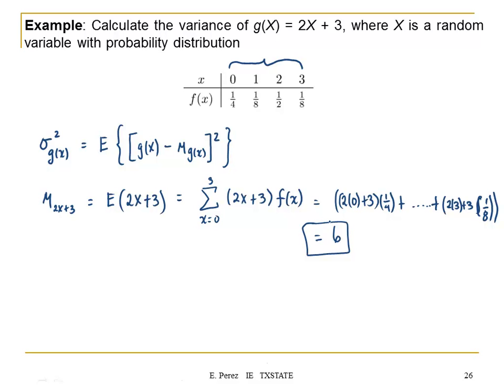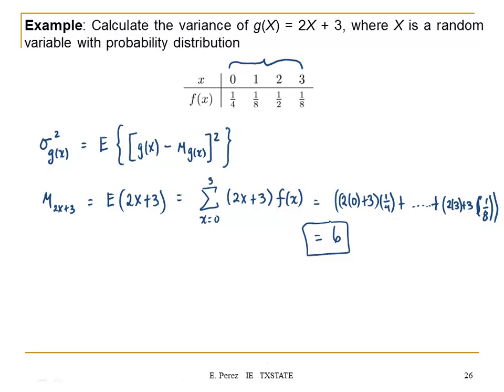Yes. Could you explain the definition behind mu of g of x? Is that how you find mu of g of x? That's what we're doing here. This is just the mu. We haven't finished; we haven't found the variance.